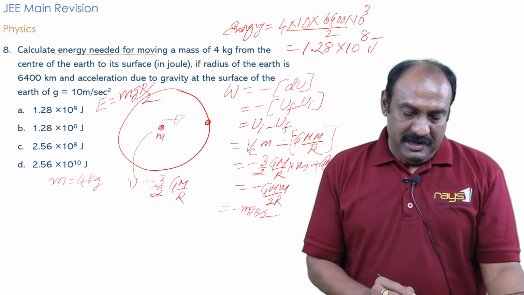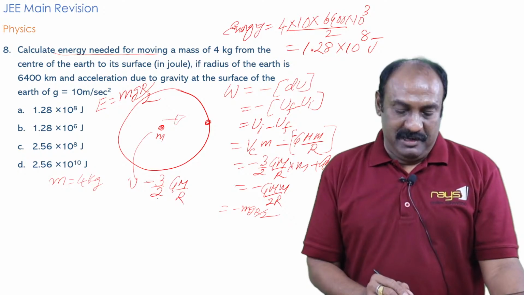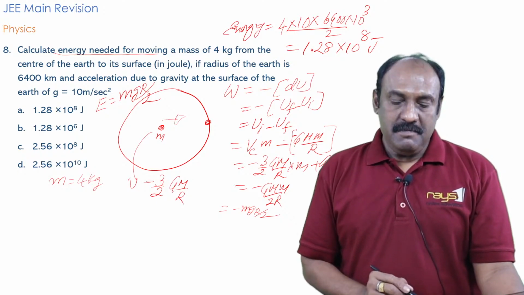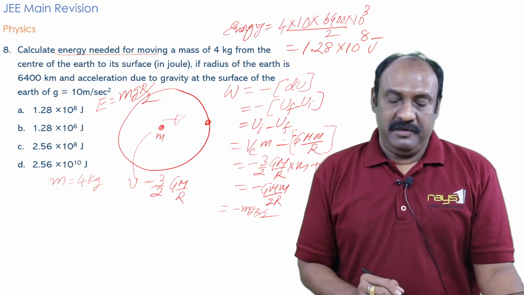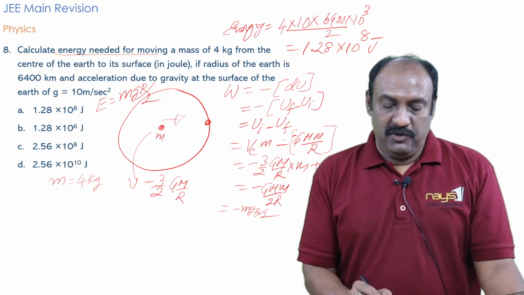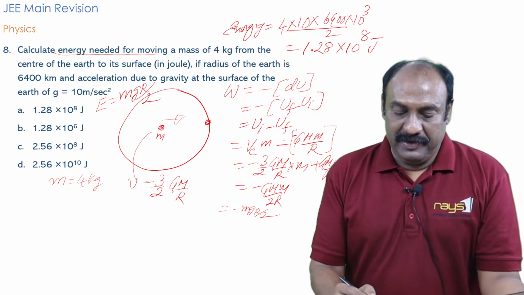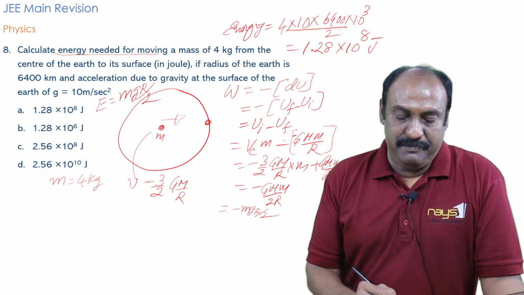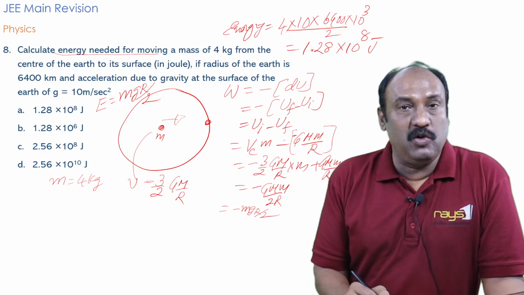That is minus 3GM by 2R, or minus 3 by 2 GM by R. On the surface of the earth its potential energy is minus GMm by R. So here it is minus of 3 by 2 GMm by R, and minus of minus is plus GMm by R. After calculation we get minus GMm by 2R, but we know that GM by R squared is small g, so this is minus mgR by 2.